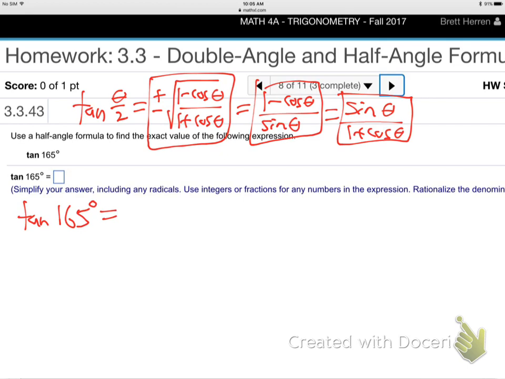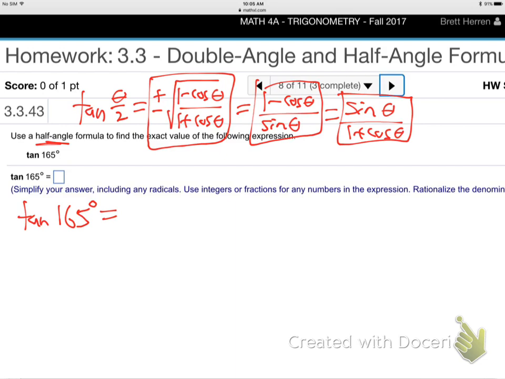So when you look at tangent 165, what do you think? Good job. When you're doing the half angle, I'll say it on the test: half angle means you need to think double this, because this is half of something bigger. You need to look and say, 165 is the half angle.